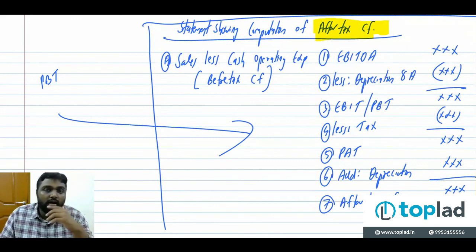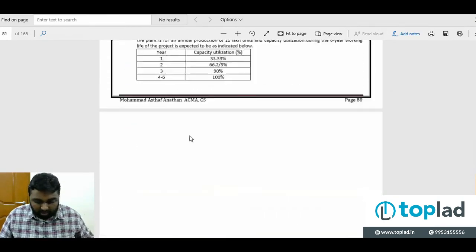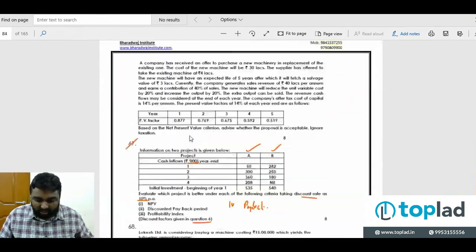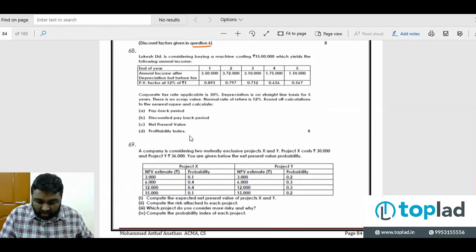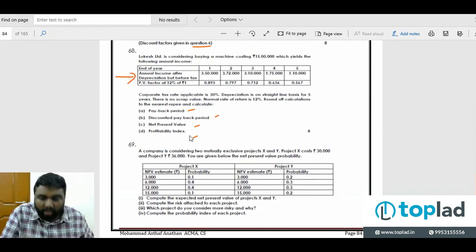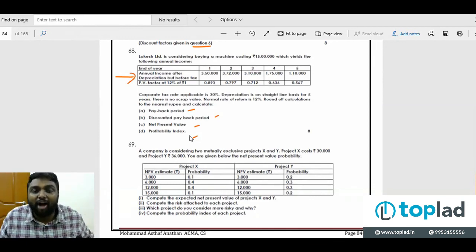If you look at some previous year questions, it is tested everywhere. In this question they ask payback, discounted payback, net present value, everything you know. But I am not giving it as homework because they have not given the cash flow. They have given annual income after depreciation but before tax.